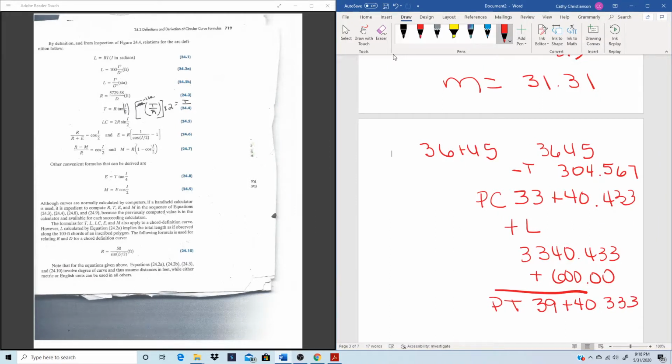You can take the plus out, add them, and then come 2 over, and put your plus back in. So that's how you would solve your simple curve. In the next problem, I'll show you how to set up your deflection increments and deflection angles for this problem.